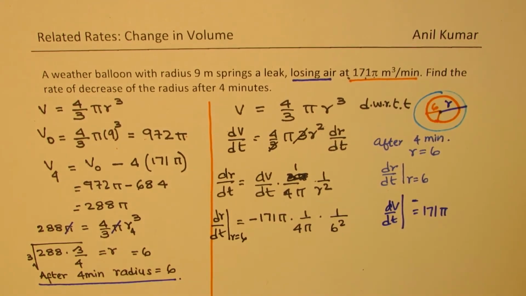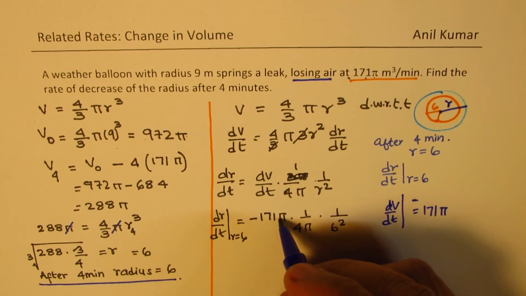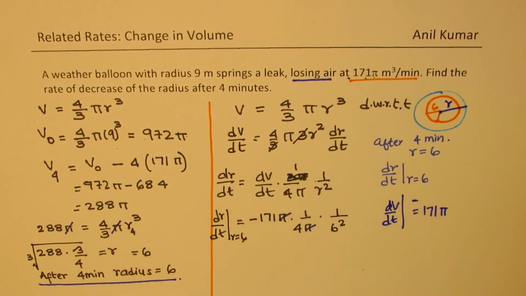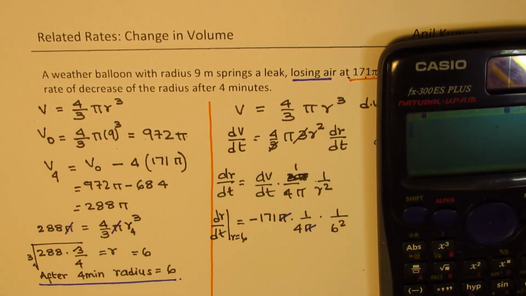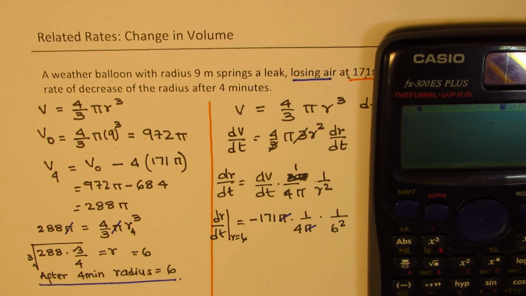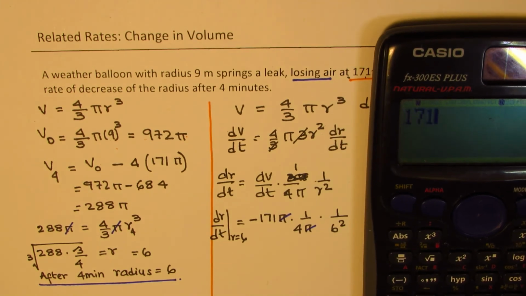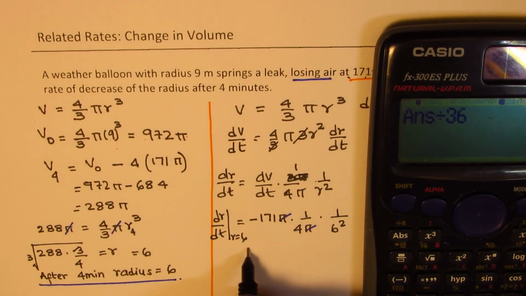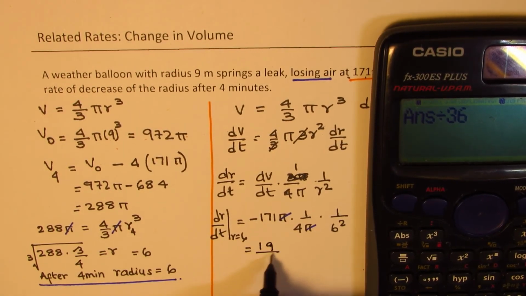Is that clear to you? Now pi and pi cancel and we can do the calculation to find the answer. Clear? And the negative indicates that it is reducing. 171 divided by 4 and then we divide by 36 also. And what we get here is 19 by 16 with a negative sign.